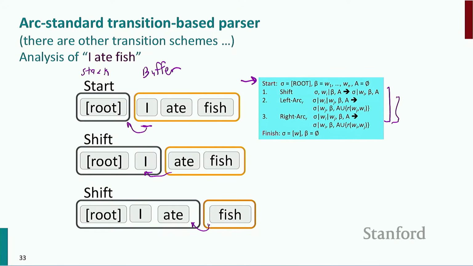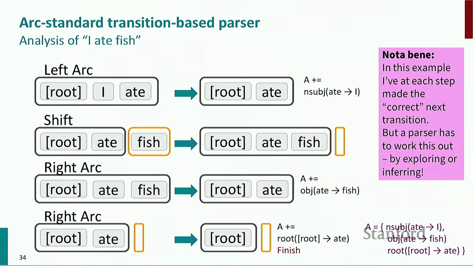In particular, a left arc is going to say, I can take the top 2 things on the stack and make the thing on the top the head and the thing 1 down on the stack a dependent of it. So if I do a left arc operation, I'm effectively saying that I is a dependent of ate, and then I pop the dependent off the stack, but I add that I've built a dependency that made I a dependent of ate.